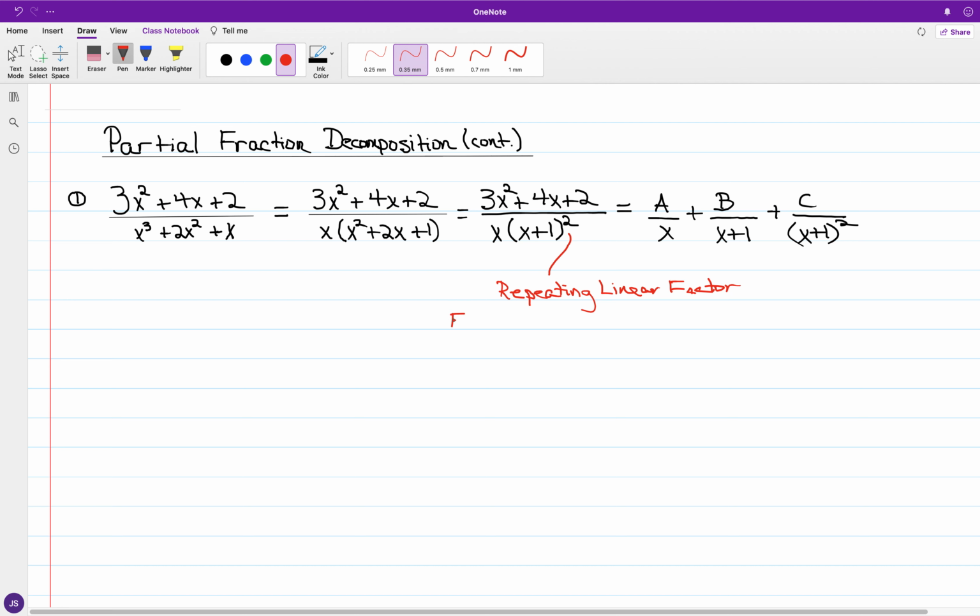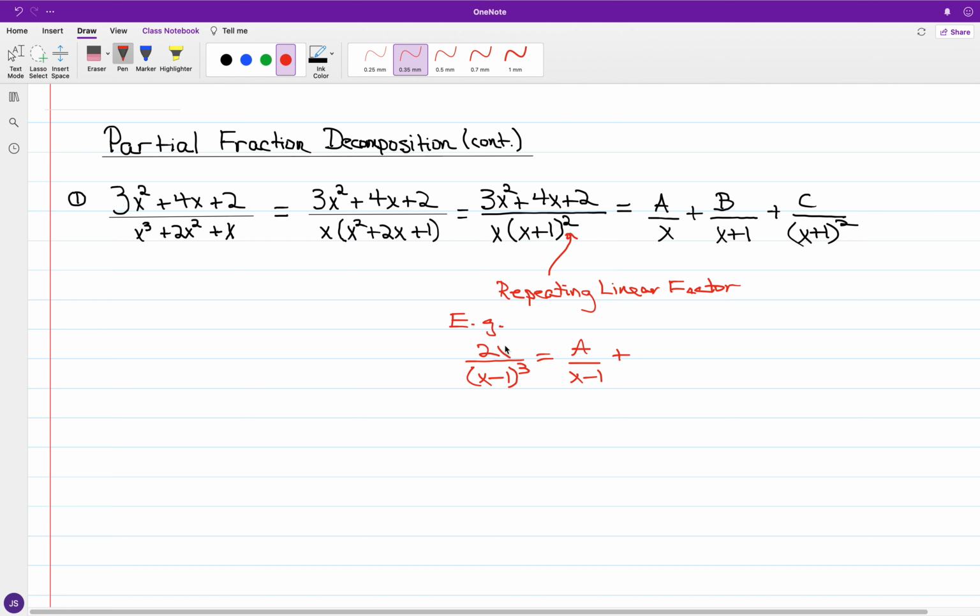Now I'll give you a separate case. If I had something like 2 over x minus 1 to the third, and I wanted to break this up into partial fractions, this is a repeating linear factor with x minus 1. So we start out with A over x minus 1.